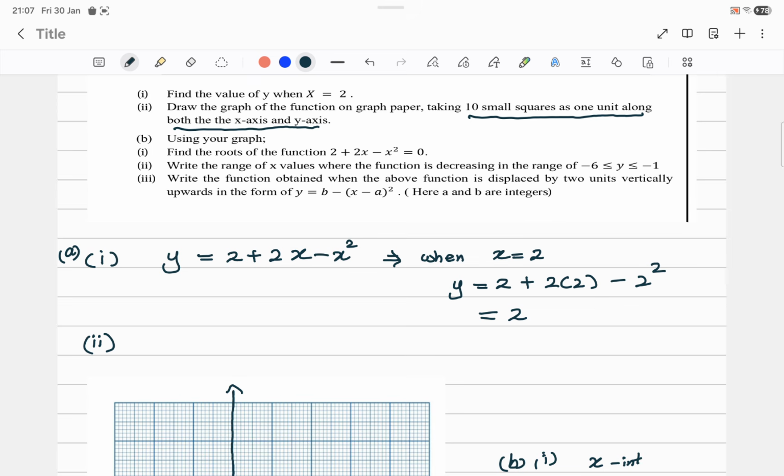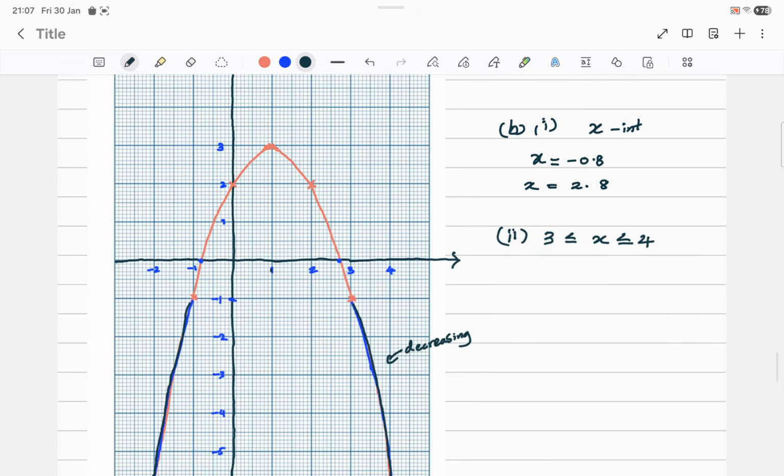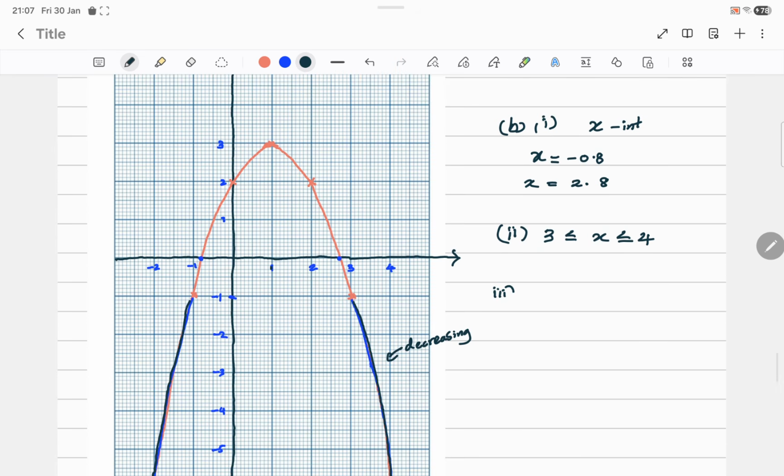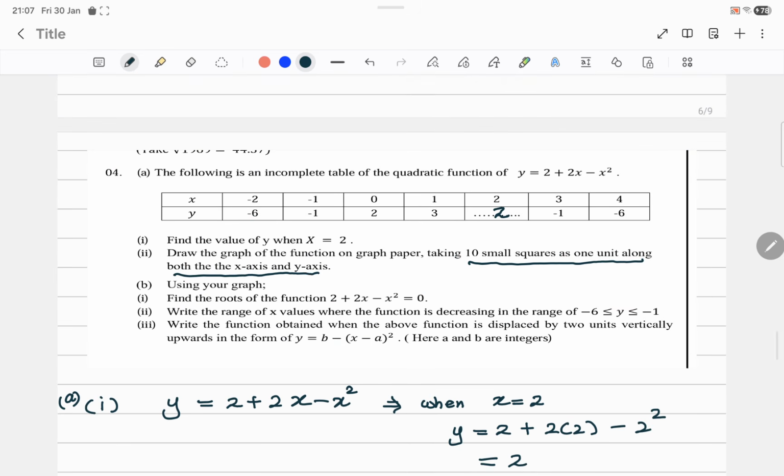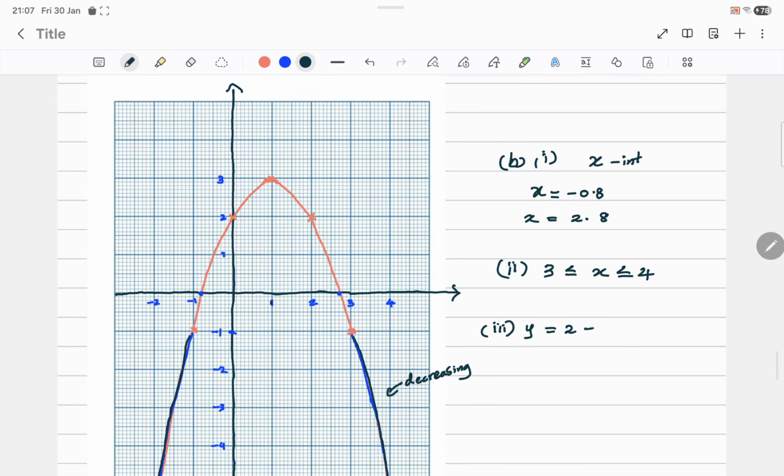Write the function obtained when the above function is displaced by 2 units vertically upwards in the form of y equals b minus x minus a square. So what is our function? Y equals 2 plus 2x minus x squared.